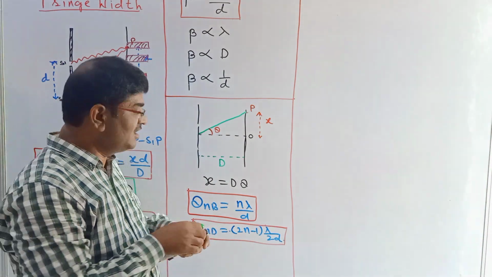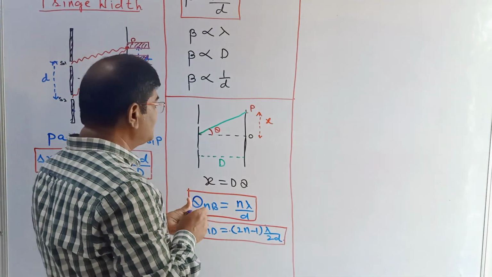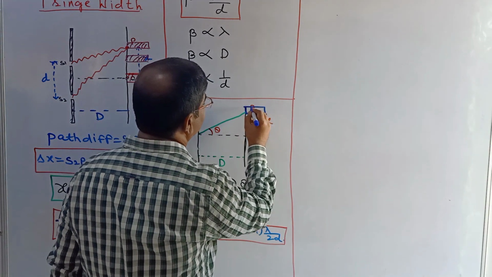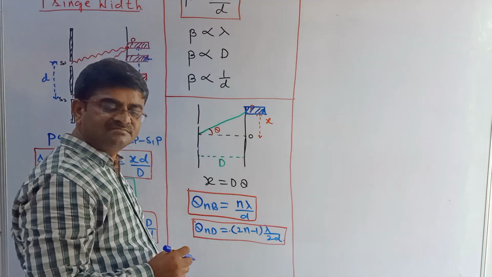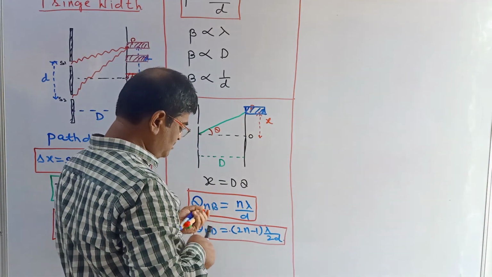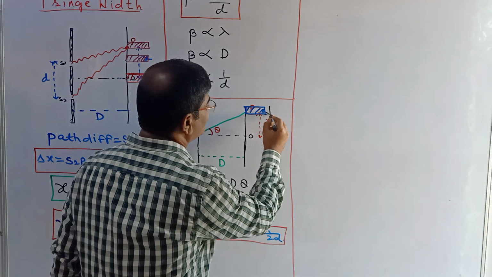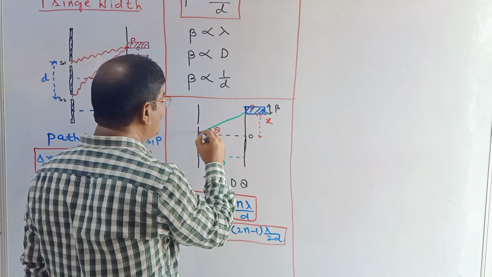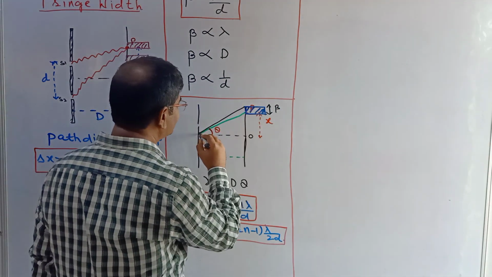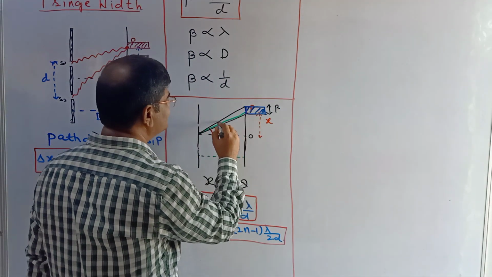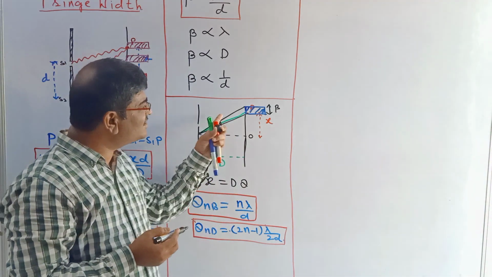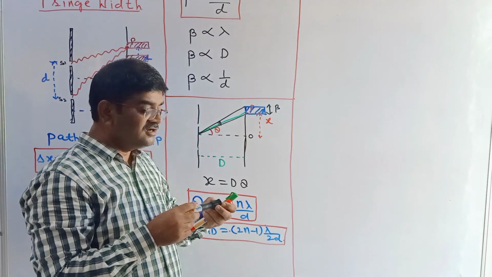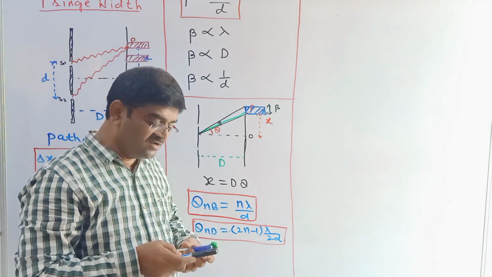Same way, say at P, I have got a bright band. Over here, this distance I have called the fringe width, the linear fringe width. Now, if I have to talk about this separation, what I mean is here, this one, that is angular separation, the angular width of this region you can say, and that angular width I call the angular fringe width.